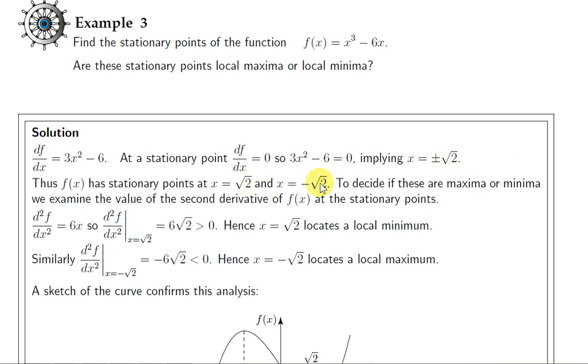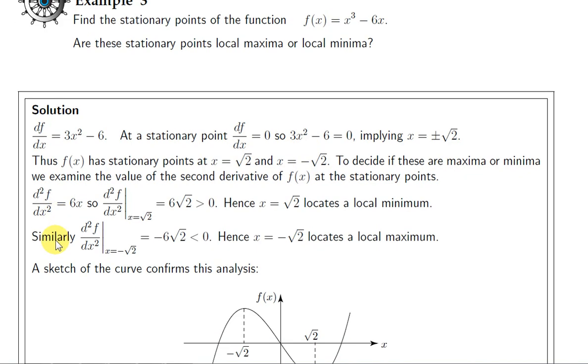One way to determine what type of stationary point we have at each of these values of x is to get the second derivative. So we differentiate this function again. If we do that, we get 6x. Then we plug in turn each of these values of x that we got. So we get the second derivative at root 2. If we do that, we get a positive value.